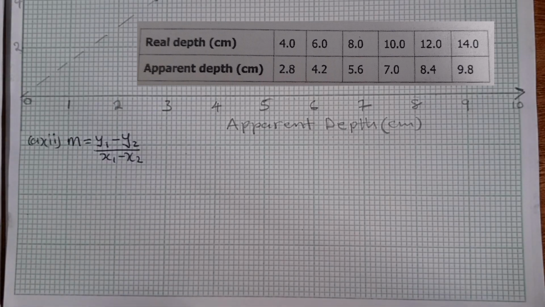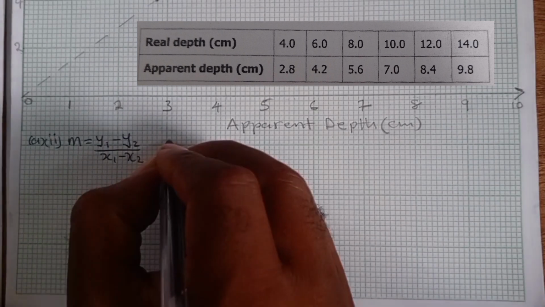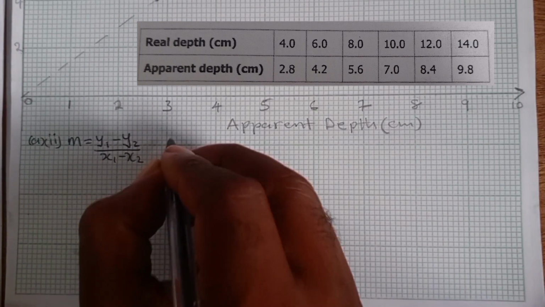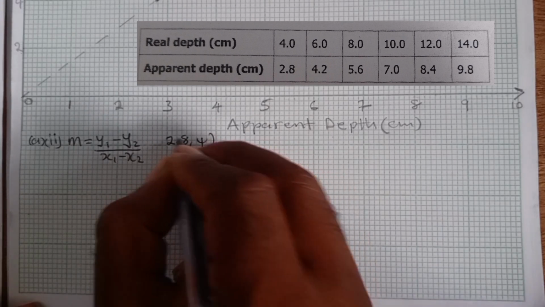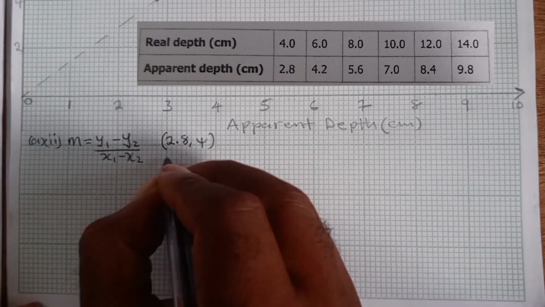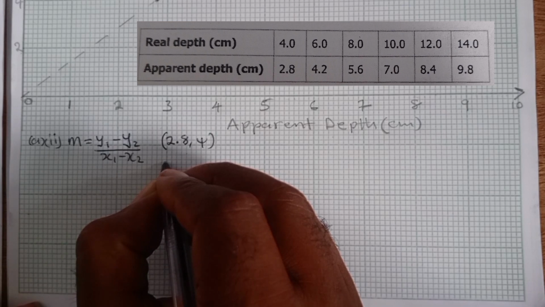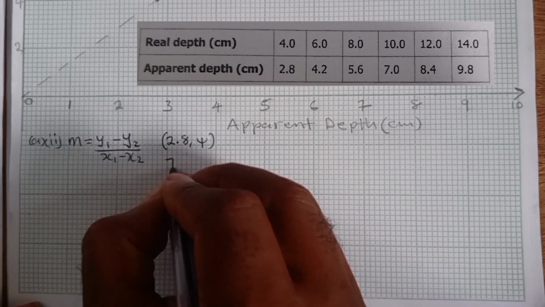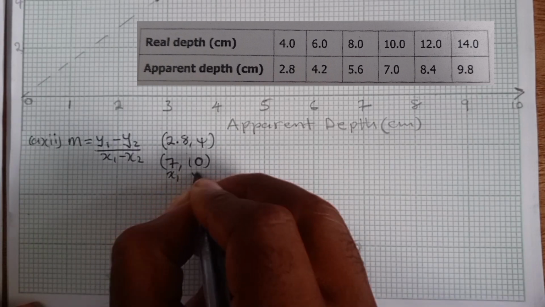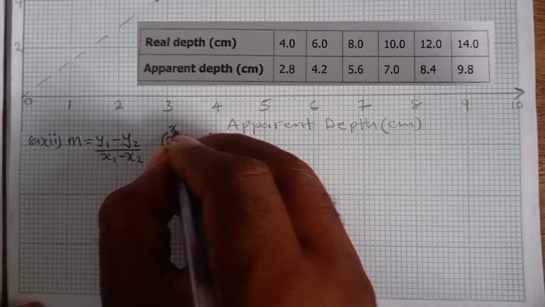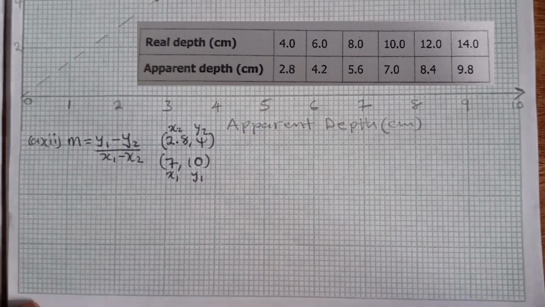So we have 2.8, 4. Remember that apparent depth is x. And then we have 7, 10. So let this be x1, y1, x2, y2.